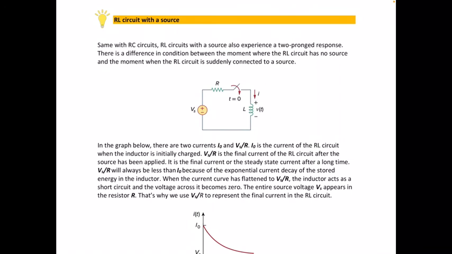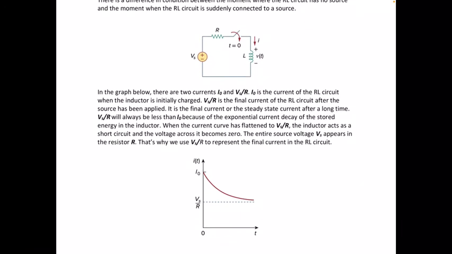As you can see in the diagram, we have three elements in the circuit. We have the voltage source Vs, the resistor R, and of course our inductor L. In the graph below, we can easily notice that the final or steady state value of the current is less than its initial value.